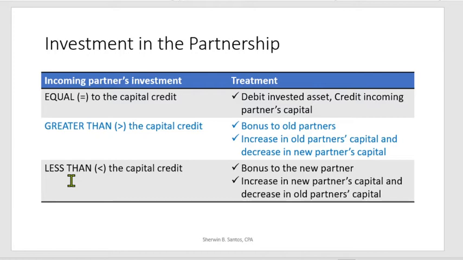So, merong intangible feature na nire-recognize kaya malaki ang binibigay na capital credit kahit maliit lang ang kanyang ibinigay na asset na cash or equipment. So, it is treated as a bonus to the new partner. It will increase the new partner's capital. However, it will decrease the old partners' capital. So, this will serve as a guide in looking at the further illustrations.